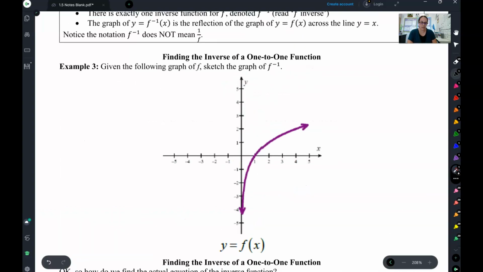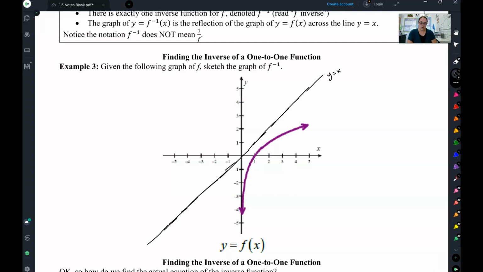So, for example, here's a graph. I want to find the graph of the inverse. So I'm going to sketch the diagonal line, y equals x. And now I'm going to reflect this graph across that line.